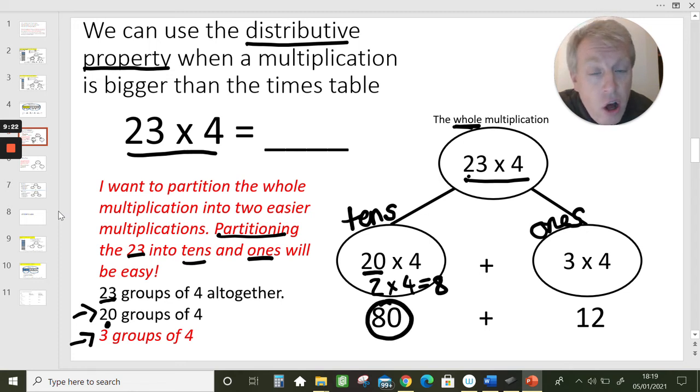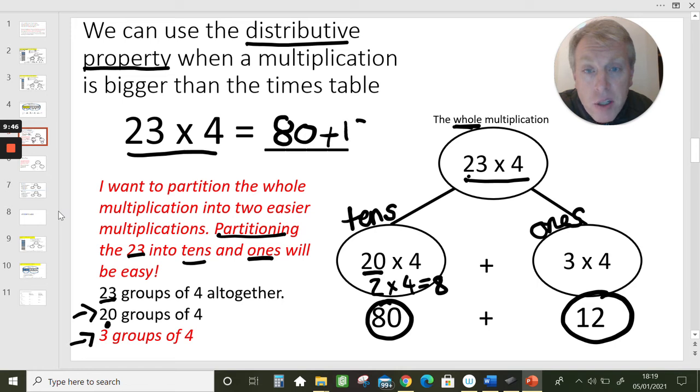And on this side, it's the 1s. Here, it's the 10s, 20, 23. And here, the 3 1s. 3 times 4 is 12. So, 23 times 4 is 80 plus 12.